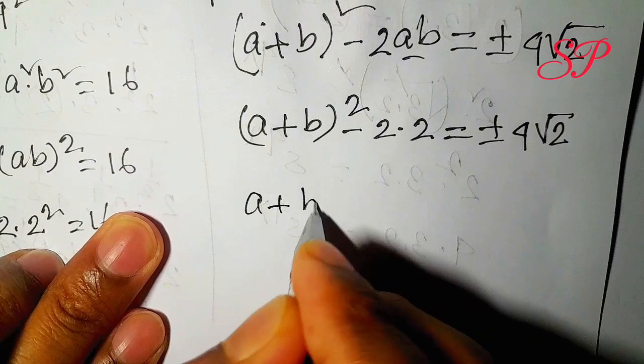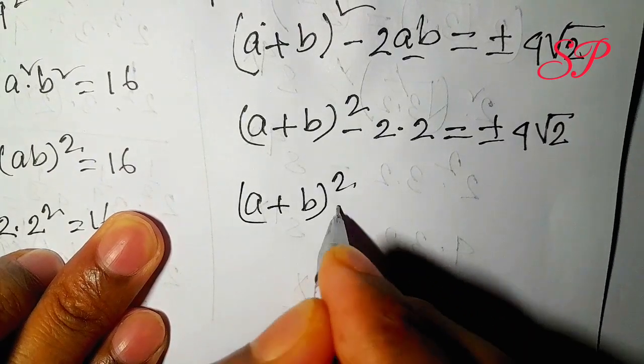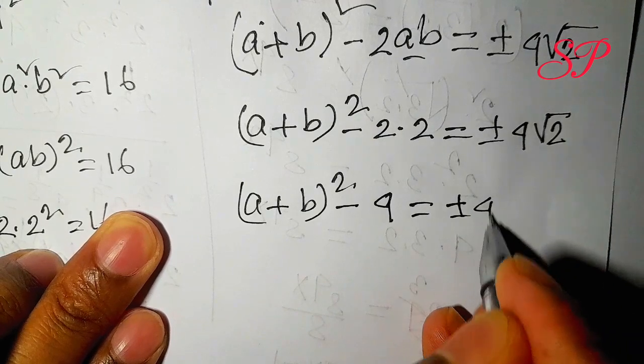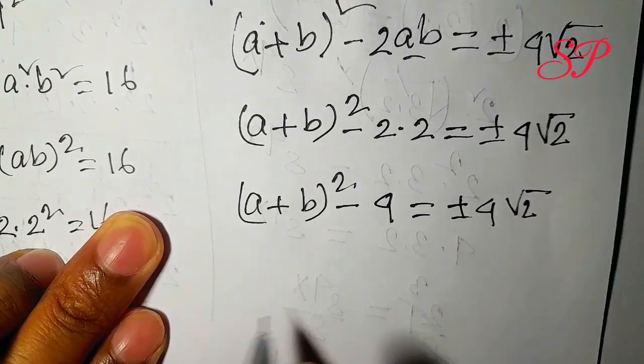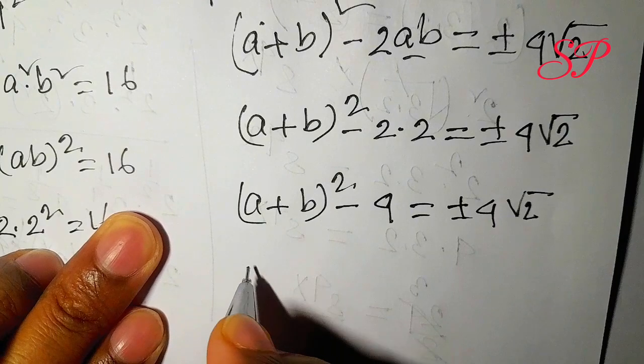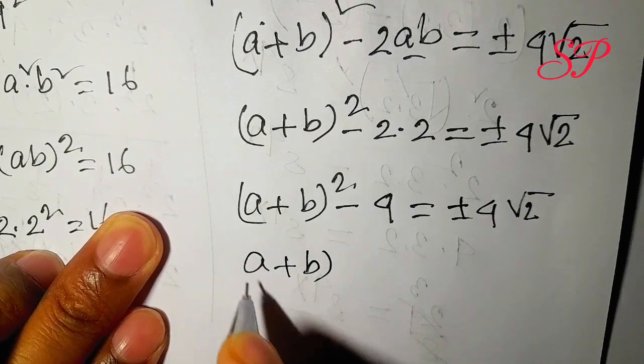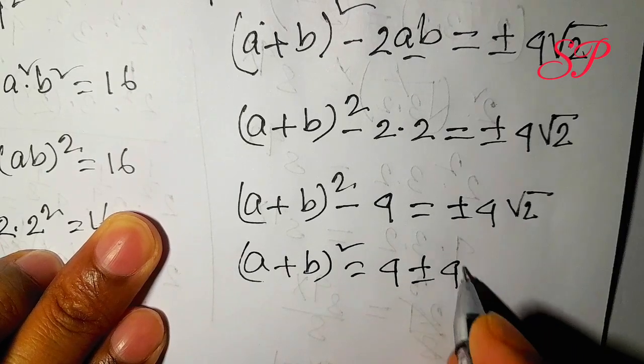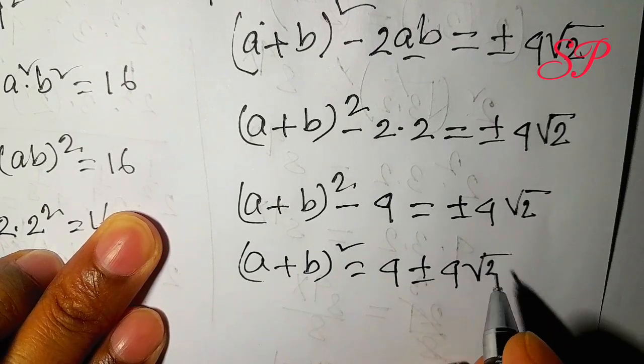Then we can write a plus b all square minus 4 is equal to plus minus 4 root 2. We can write a plus b all square is equal to 4 plus minus 4 root 2.